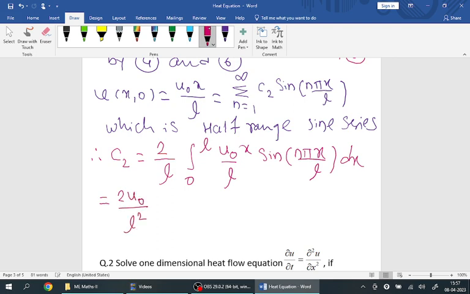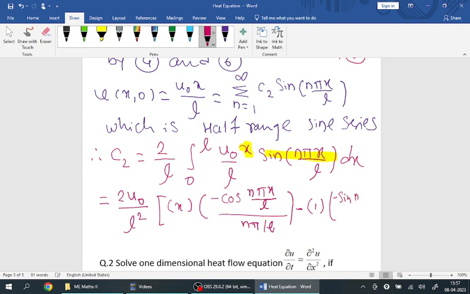This l into l is l square, and now this x is u and the remaining is v, and we are applying generalized integration by parts. u is x, v1 is integration of sine, which becomes minus cos n pi x upon l divided by n pi upon l, minus u dash, that is 1, and integration of minus cos gives minus sine n pi x upon l upon n square pi square upon l square, with limits 0 to l.